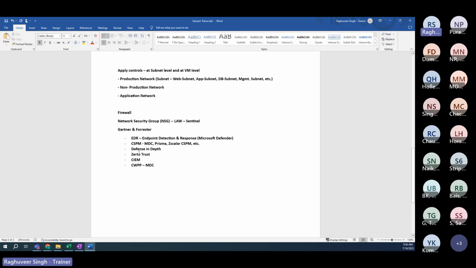So in Sentinel, we are going to ingest logs from all of these solutions. We will be using Microsoft Defender for Cloud and ingesting logs from it. We will intentionally do some security misconfigurations. We will intentionally try to break into our Azure account.